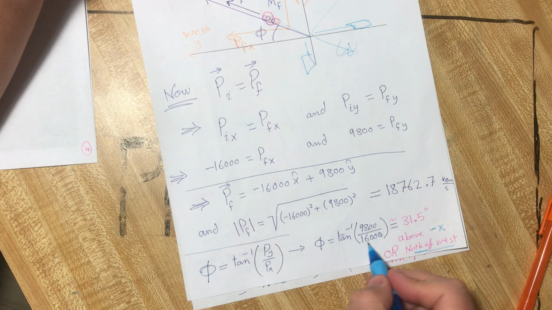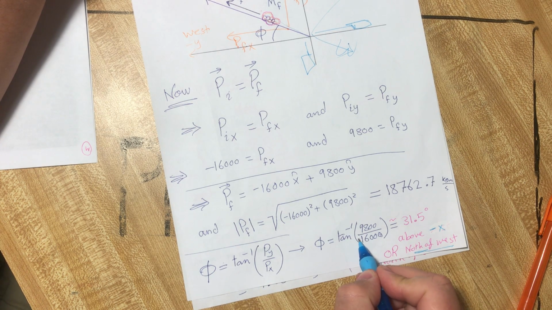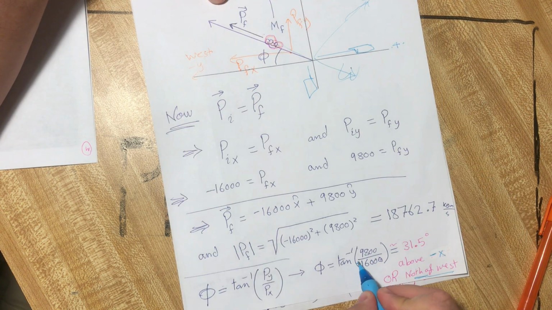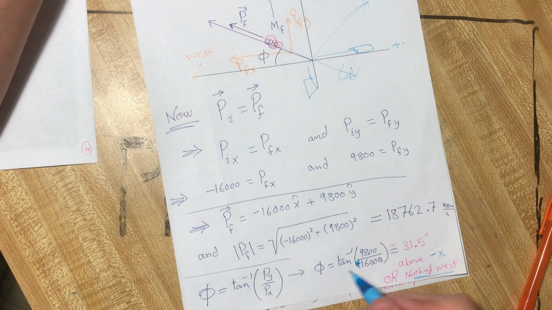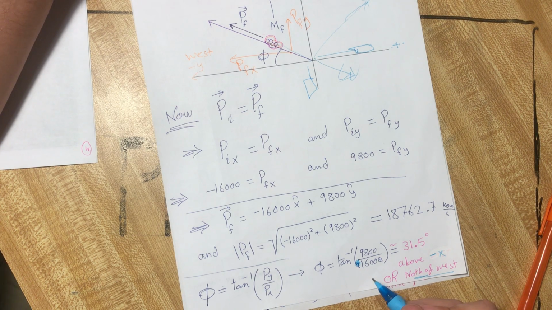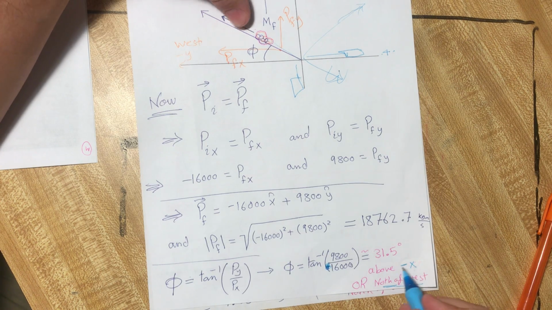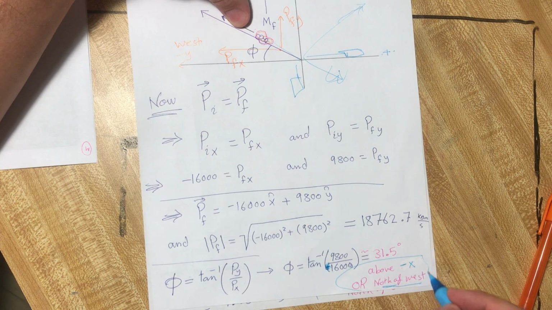Okay, I don't use the negative sign here. If I use it, it will be with respect to positive x, but I use positive. I don't use the negative sign which denotes the negative x direction. So I will put this information in the final answer: above the negative x-axis, or north of the west.